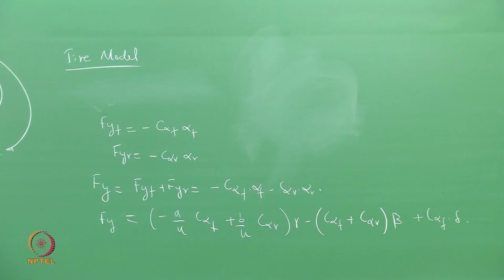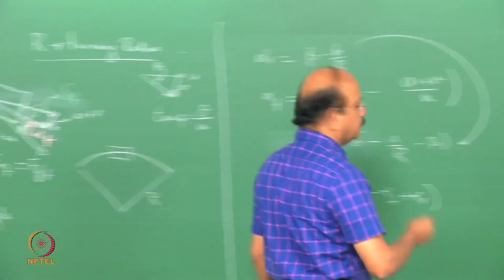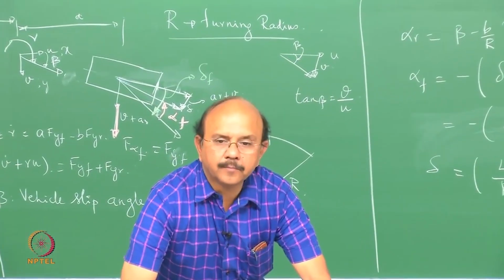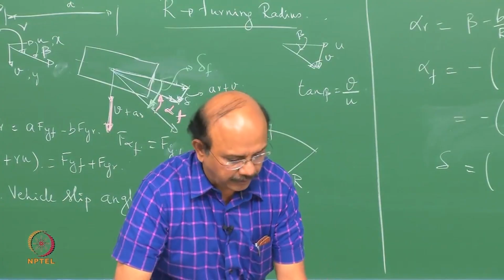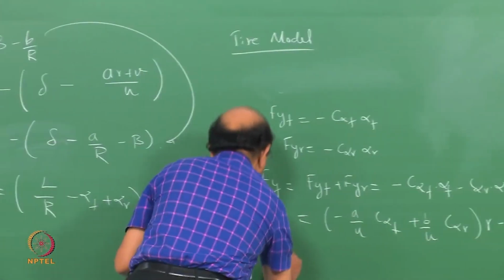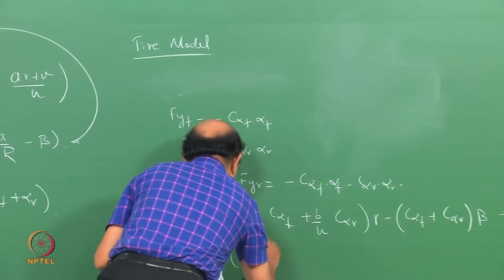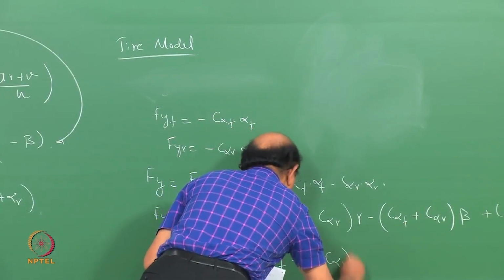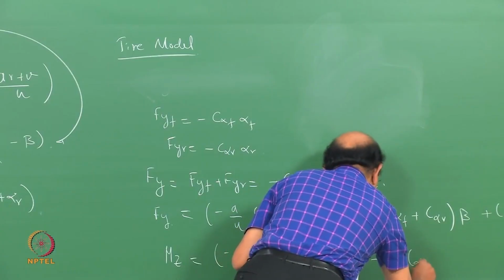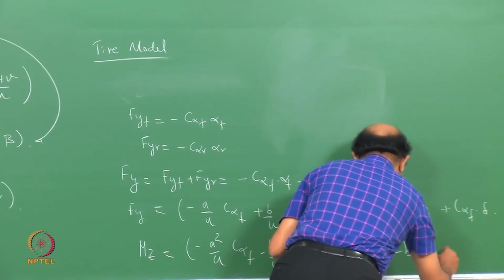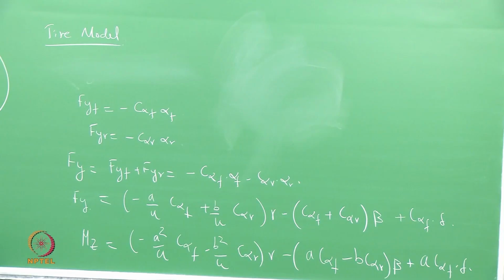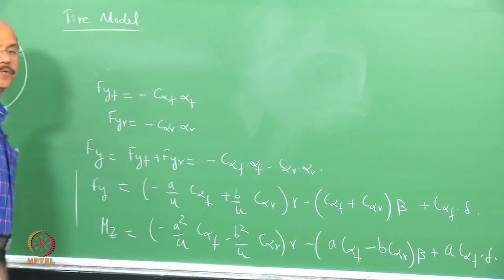The second term, Mz, is equal to minus A squared by U C alpha F minus B squared by U C alpha R, and so on. Substituting that, you get these two expressions.